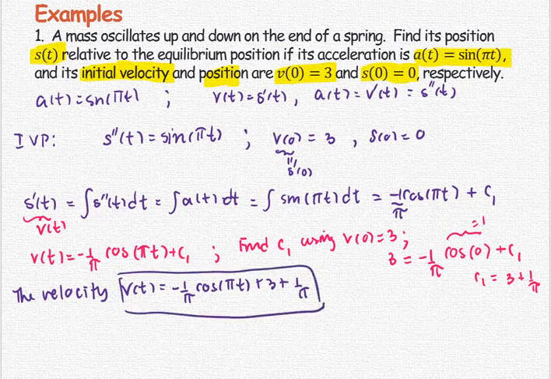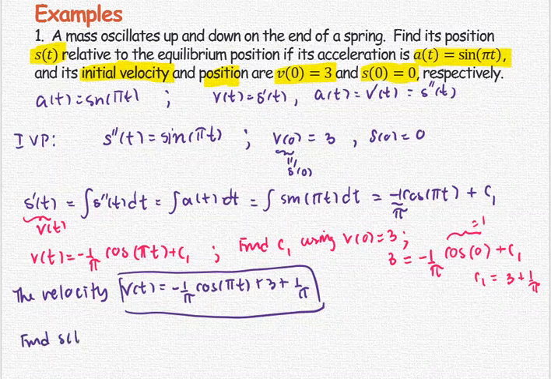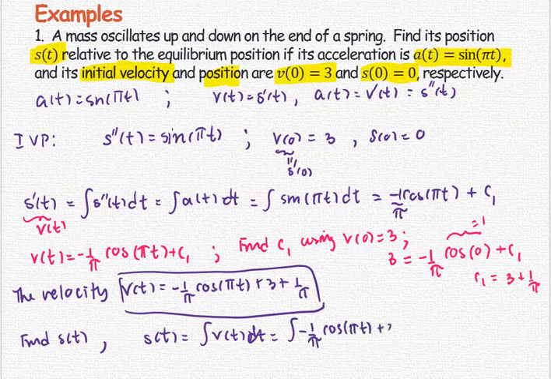And next, we are going to find one more antiderivative to get to the position function s. So next, we're going to find s(t). s(t) is the antiderivative of v(t) with respect to t, or the antiderivative of negative 1 over pi multiplied by cosine of pi t plus 3 plus 1 over pi with respect to t.